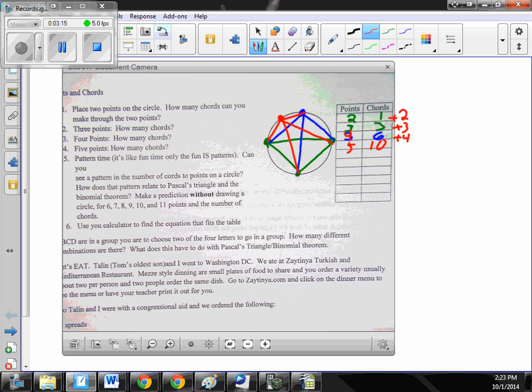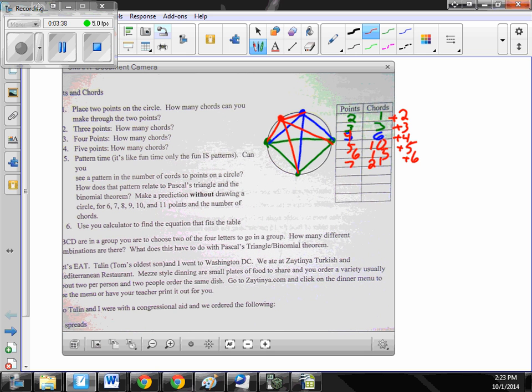But for 6, what's the number going to be? So plus 2, 3, 4, 5 for a total of 15. For 7, we're going to add 6. 21. Okay.